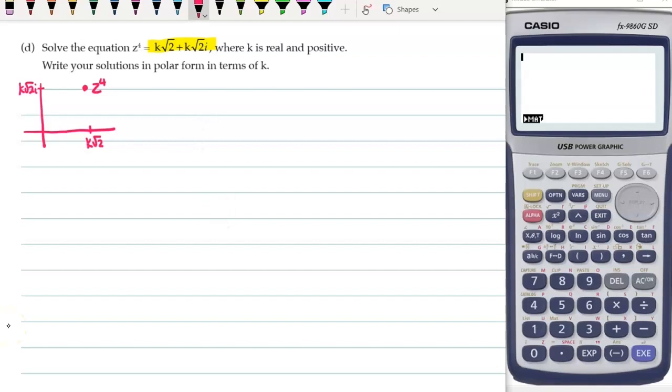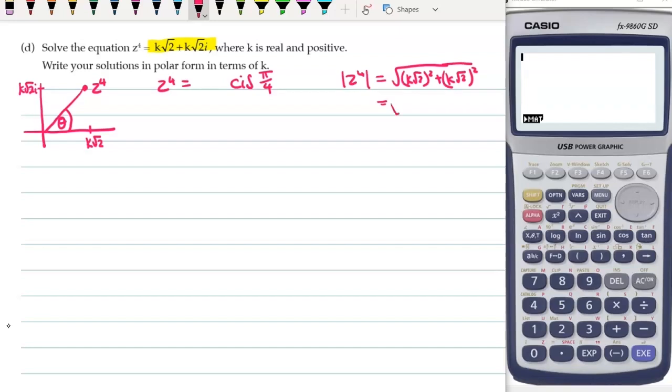Now putting that into polar form, we need a length and an angle. Well, the angle is 45 degrees, which is pi by 4. So z to the 4 will be equal to a modulus and then cis of pi by 4. Now the length of it is using Pythagoras, so the modulus of z to the 4 will be equal to the square root of k root 2 squared plus k root 2 squared.